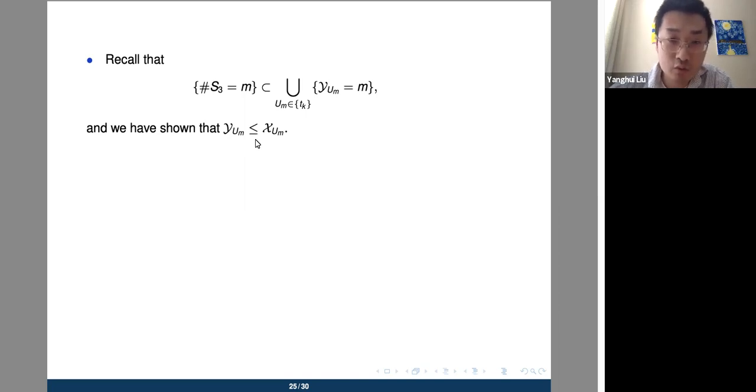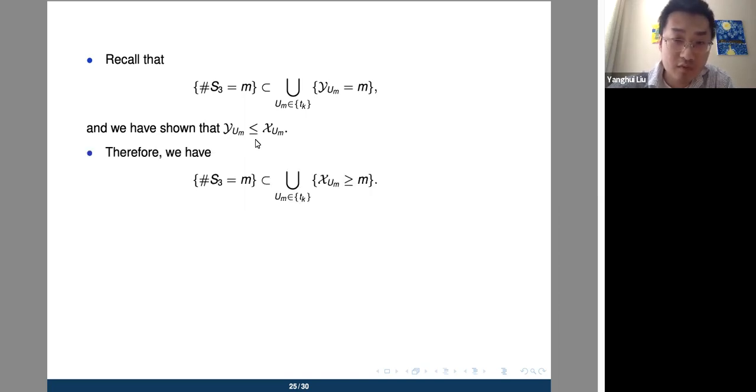Now we combine, put them together. We get that this event is included in the union of X greater than or equal to m. So in order to get the tail estimate for S3, we just need to bound the probability of the right-hand side.